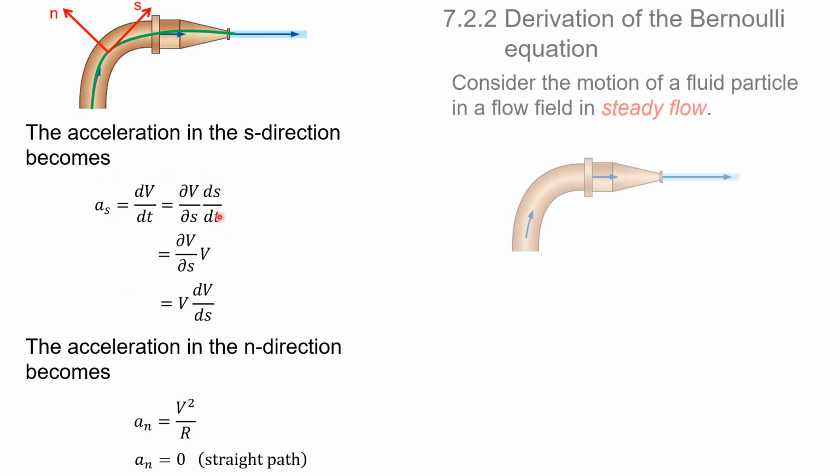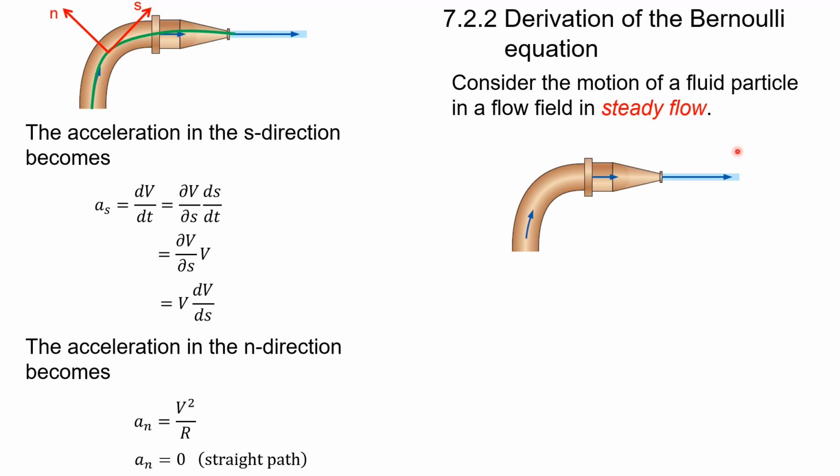This is the derivation of acceleration in the s direction: as equals v dv over ds. The acceleration in the n direction will become 0, because the radius will be the same and the velocity will become 0, so it becomes 0 for the whole thing. Only as will have value.